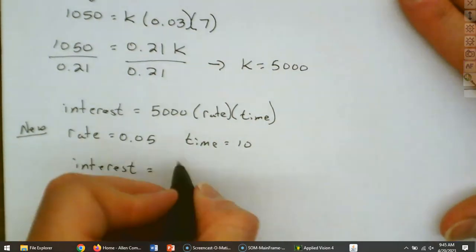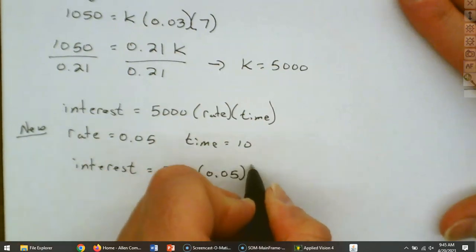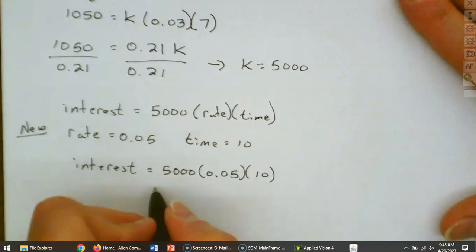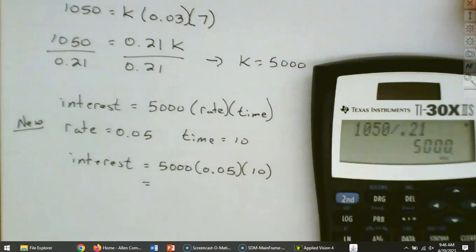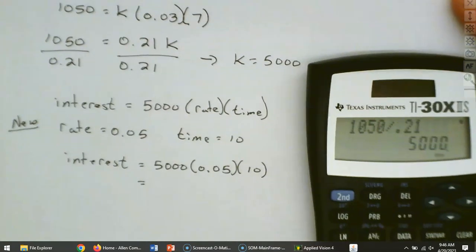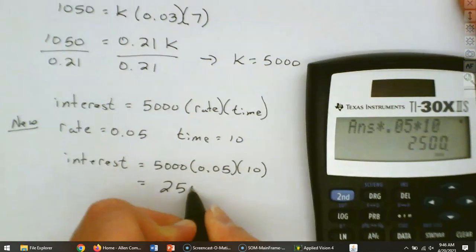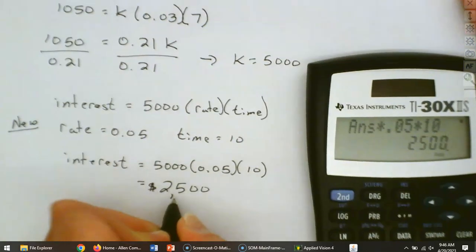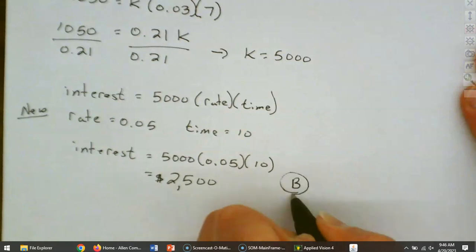So the interest is going to be our 5,000 times 0.05 times the 10 years. Multiply all those together: 5,000 times 0.05, times 10. And that comes out to be $2,500. And if we did it correctly, that should be one of the answers, and that looks like answer B, doesn't it?